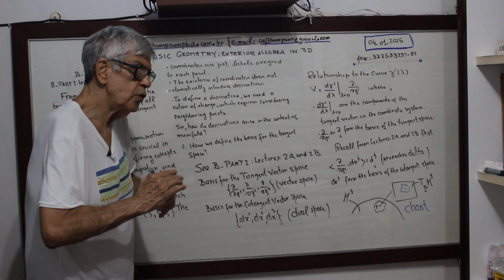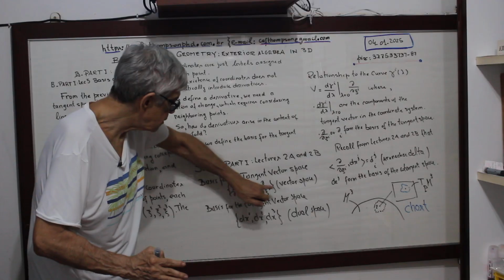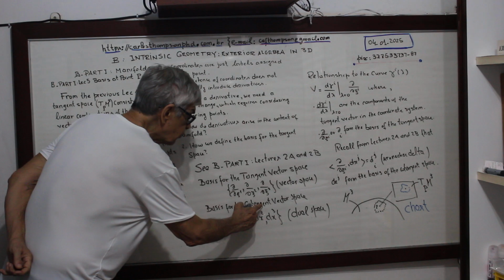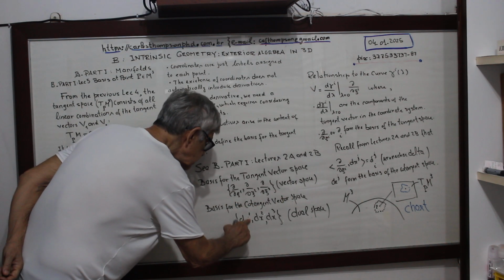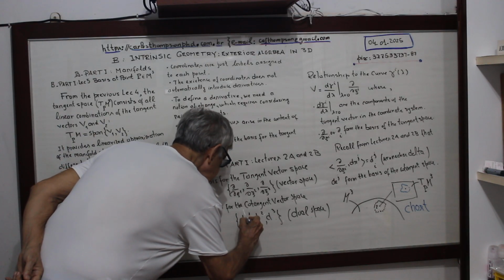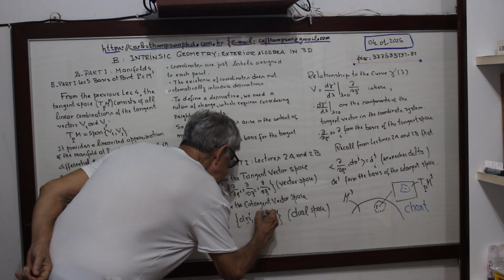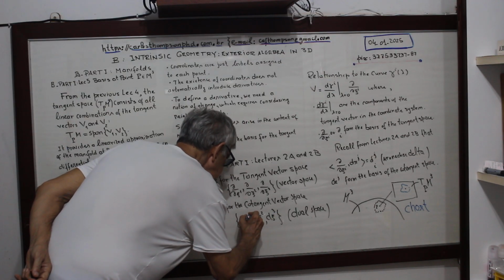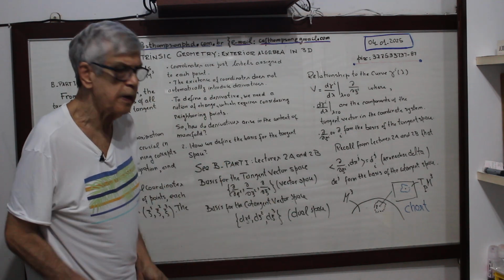If you extend to higher dimension, this will just extend these basis vectors here. Now, the basis for the cotangent vector space is dC1, dC2, dC3. I'm sorry, this is C. You see that it is a dual vector space.